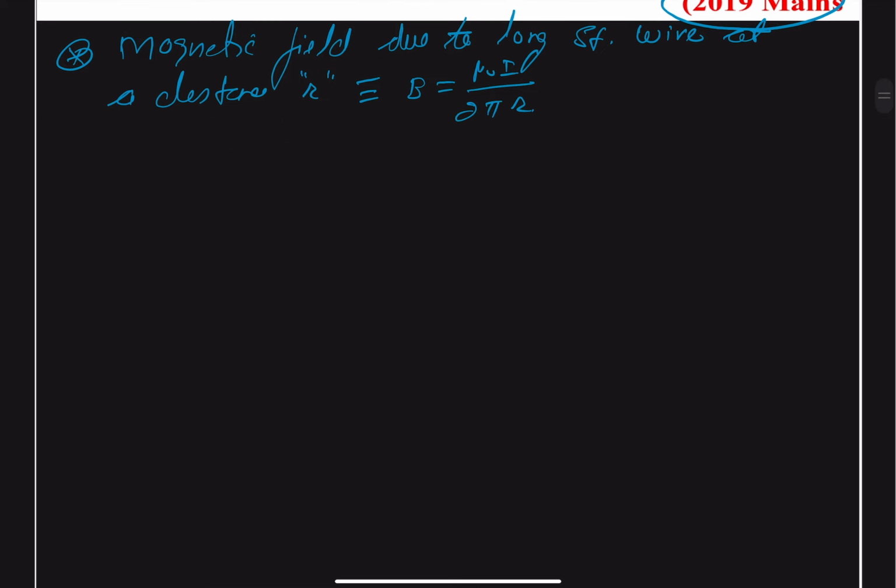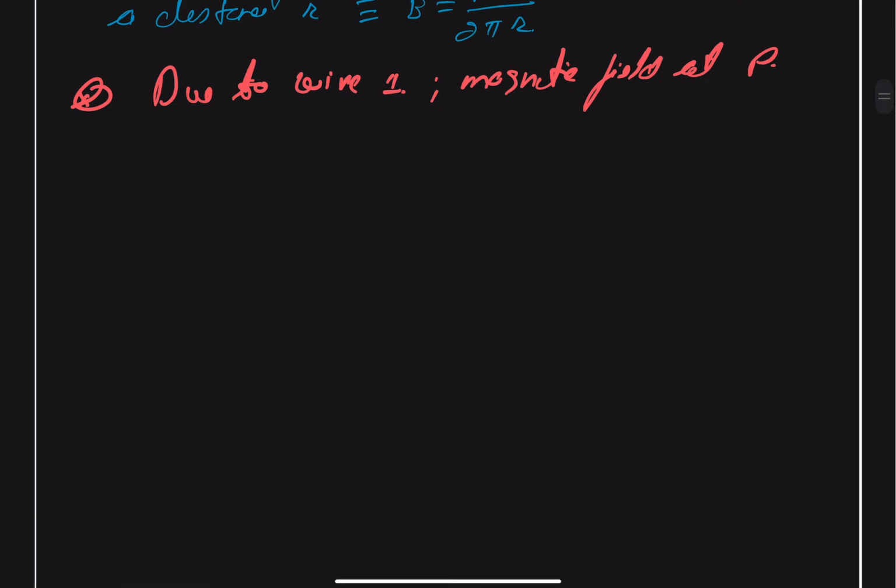We have two wires, so we can divide the equation into two parts. So we can say due to wire 1, magnetic field at P, let us suppose that is our B1, so this will be coming as mu naught I upon 2 pi, perpendicular distance is D, and direction will be our plus K unit vector.